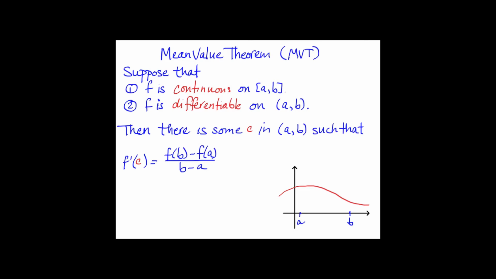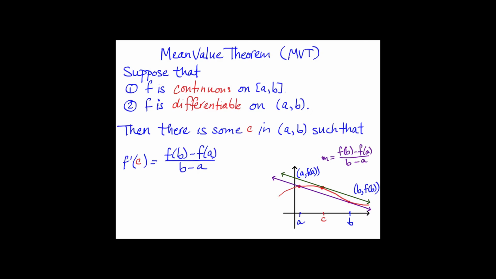So the derivative exists in between A and B. Well, the secant line joining the points A, f of A, and B, f of B, looks like this, and it has slope f of B minus f of A over B minus A. So the mean value theorem says that there's some number C in between A and B where the slope of the tangent line is equal to the slope of the secant line.